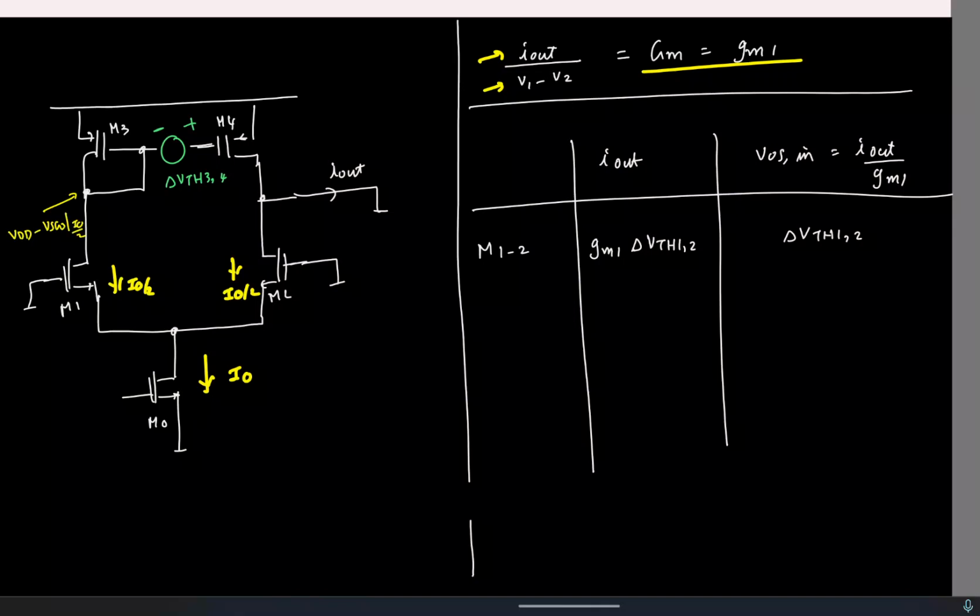So now even if there is a change in delta VTH3, what do you think this voltage will be? The current in this transistor is basically fixed to I0 by 2, right? So even if I apply an increment here, this voltage, do you think it will change?